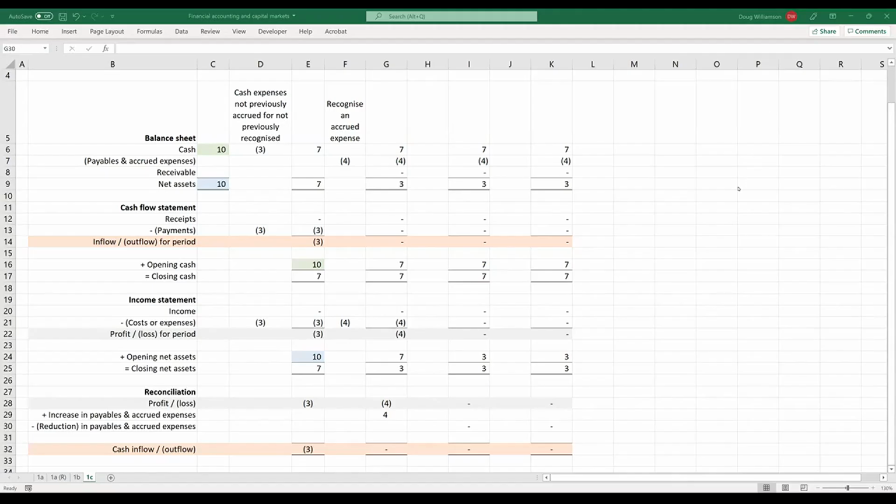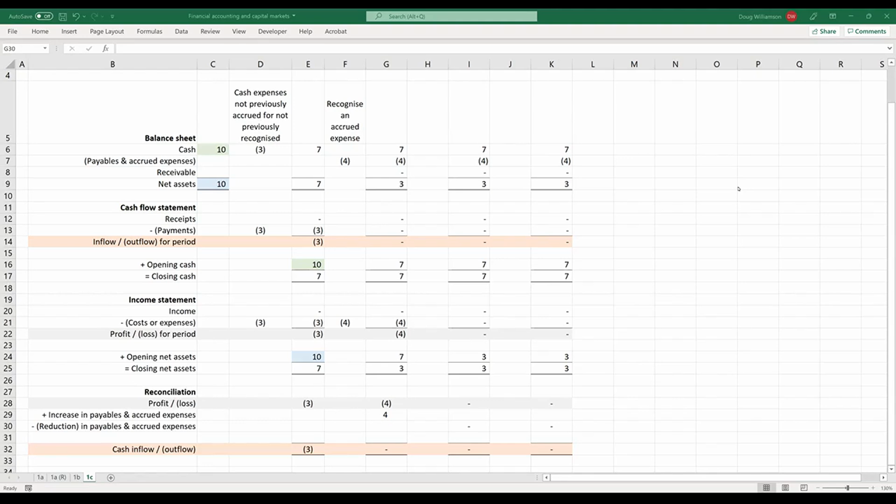Some people, many people, call accrued expenses accruals. I recommend you don't do that, because the word accruals can be ambiguous.